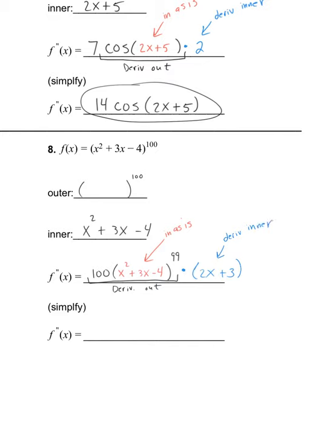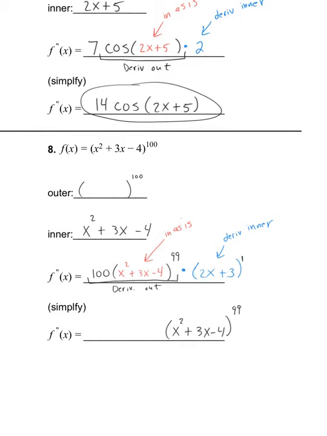All right, to simplify, you're never going to take anything to the 99th, so we're going to leave that alone. X squared plus 3x minus 4 to the 99th, that comes down. Okay, now right here, this 2x plus 3 is to the first. So I can distribute the 100 to this.